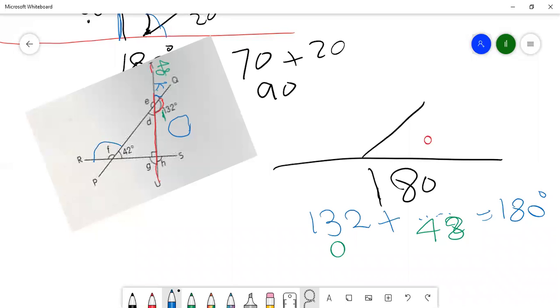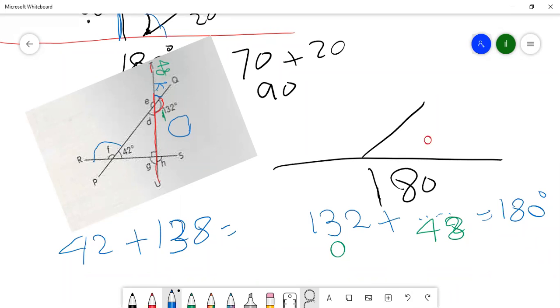Because 42 plus 128 equals... Look. 18 or 28? I don't understand this one.